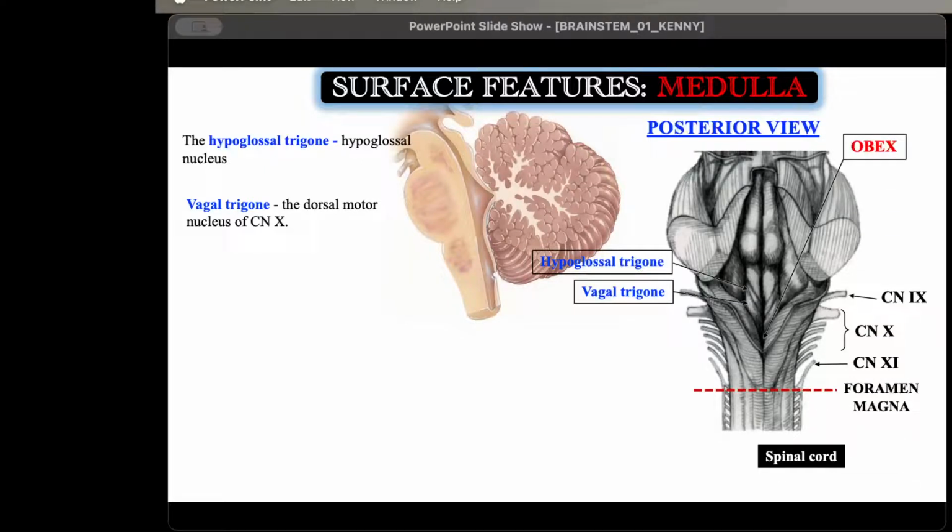And then we have something here known as the obex. The obex marks the lowest point at which the cerebrospinal fluid leaves the ventricular system to enter the spinal cord central canal. So, for example, this is the fourth ventricle, and here is the central canal.